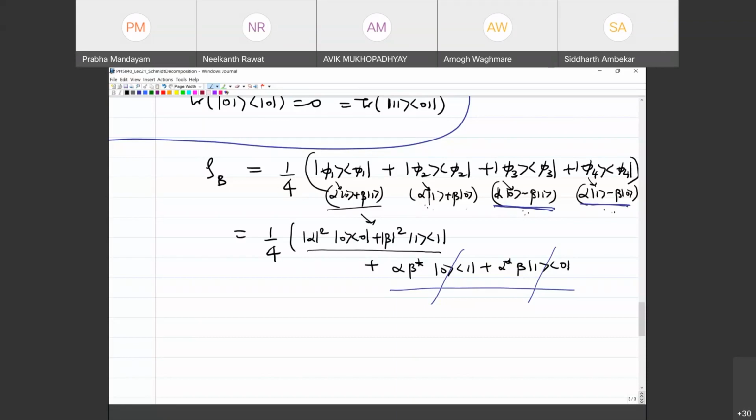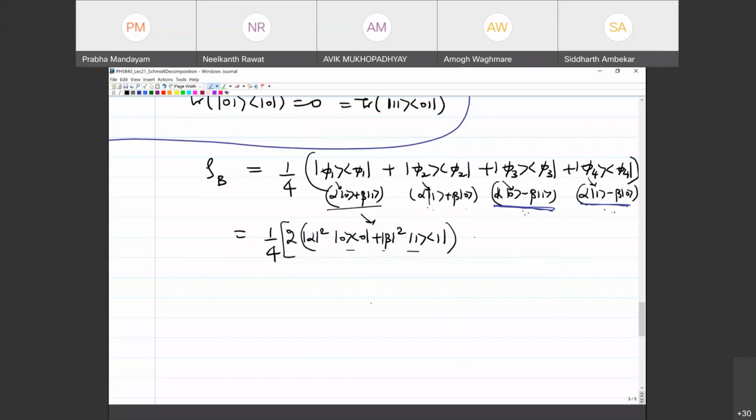So there'll be a |α|²|1⟩⟨1| and a |β|²|0⟩⟨0|, and that will repeat twice. So anyway, I'm going to just write out the final answer, and it is for you to check that this is the case. All cross terms will vanish. I will have twice this, plus twice |α|²|1⟩⟨1| plus |β|²|0⟩⟨0|.